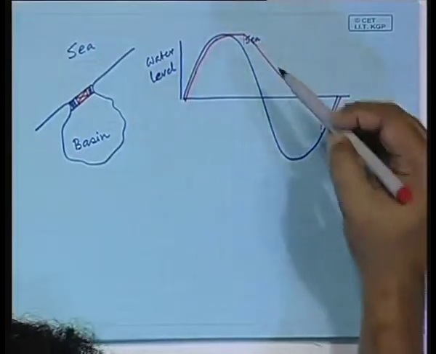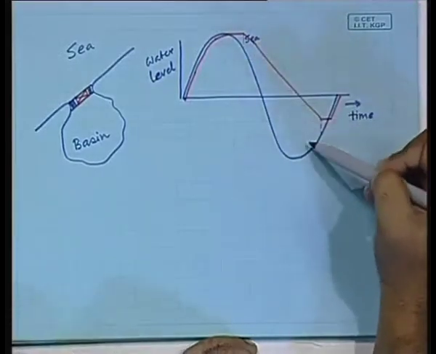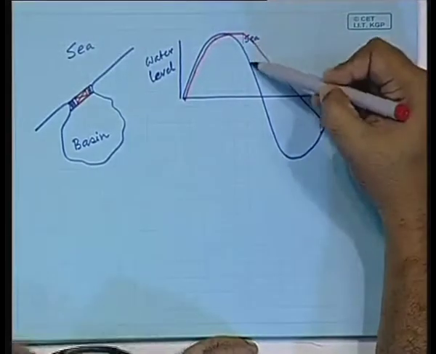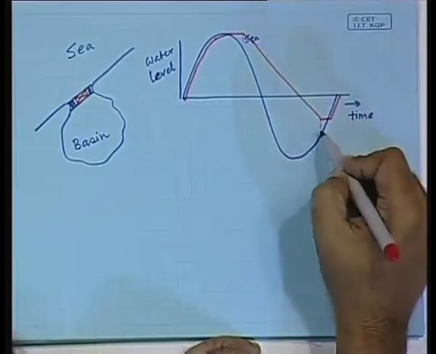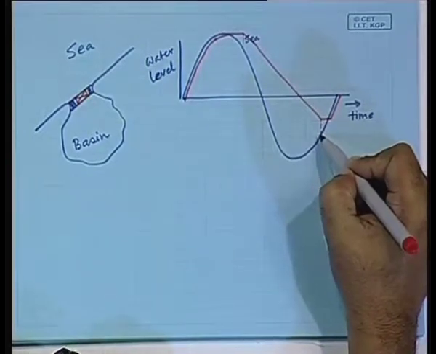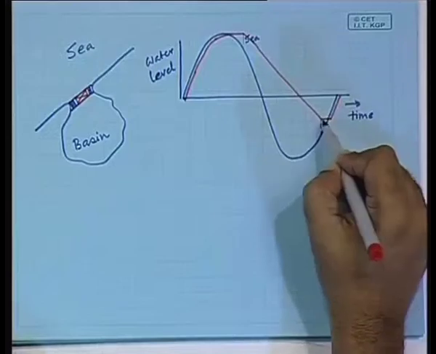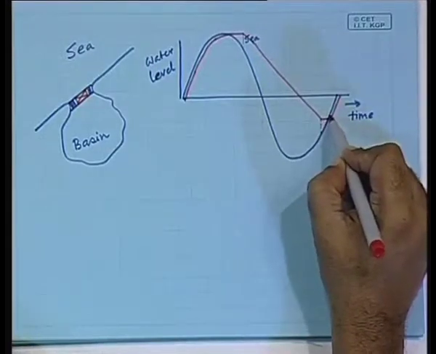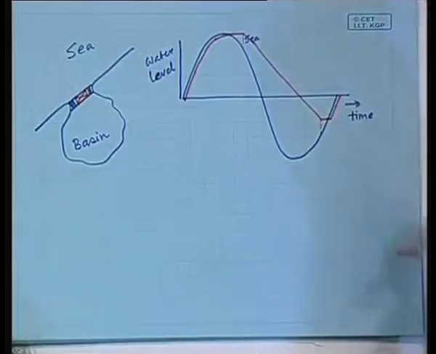Notice the generation of electricity is not constant because the head is varying. Can you see that? At this time the head is small, at this time the head is largest, again the head falls, and finally at this time the turbine has to be stopped because there is no longer sufficient head to generate electricity, and then both are closed till the two levels become equal, then the sluice gates are again opened.